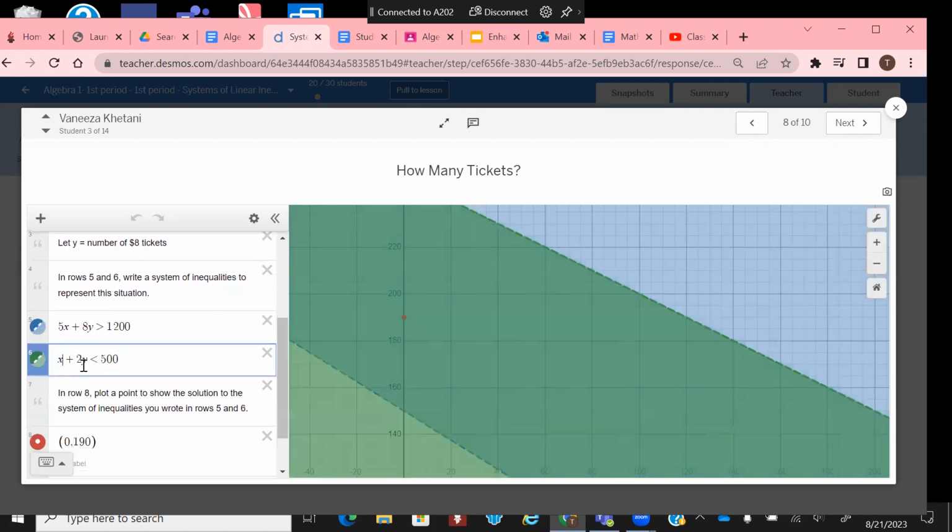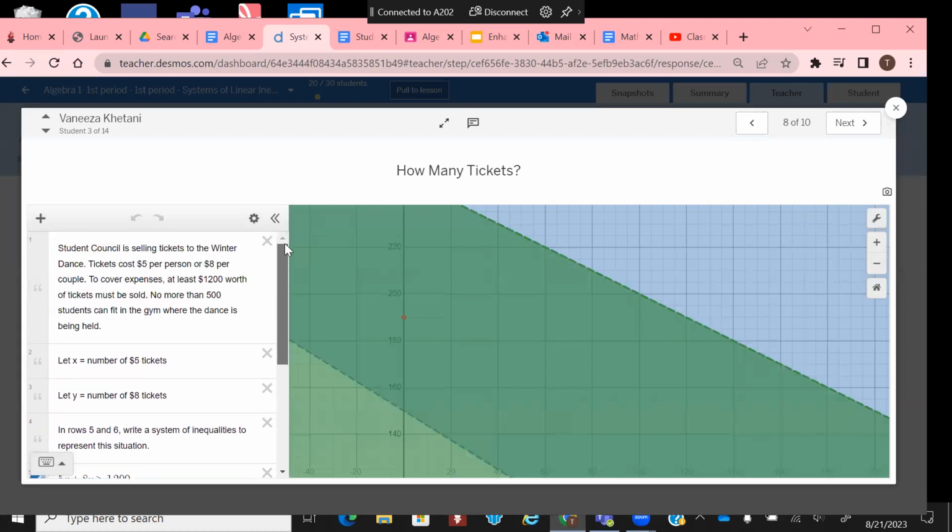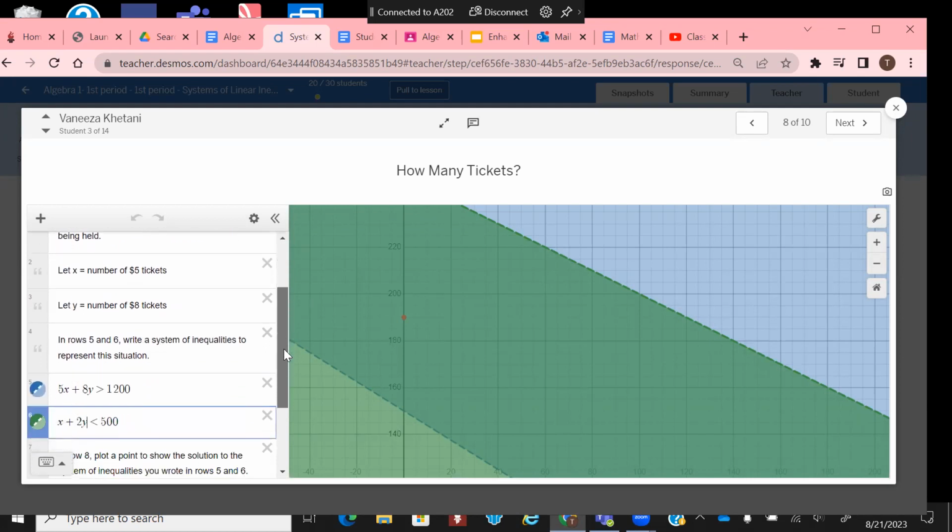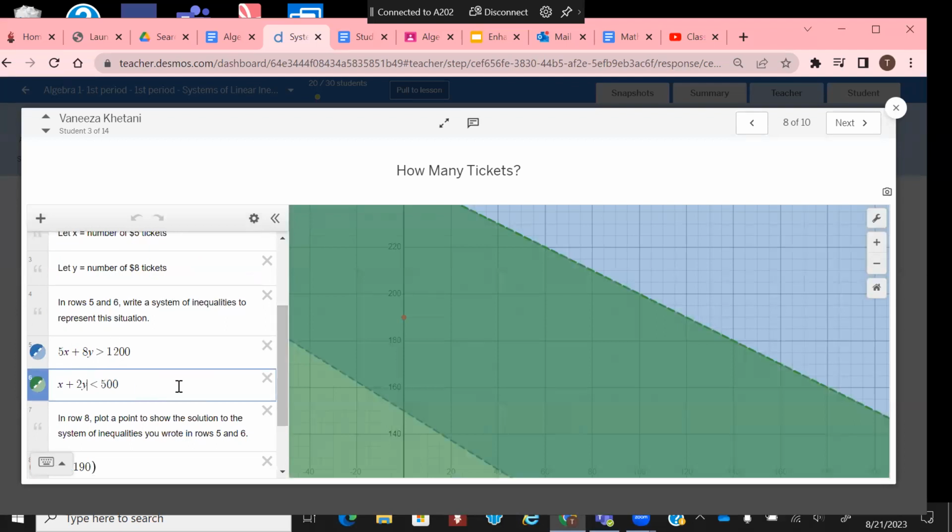So why did this person say x plus 2y? Okay. And they said that no more than 500 students can fit, right? Okay, so we had 2 people on 1 ticket in that instance, but there's still 2 people, right? So this is how you would write out that inequality.